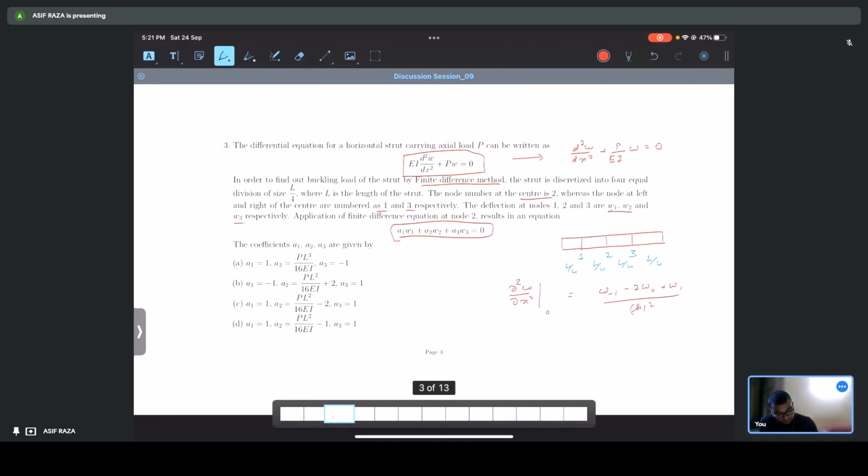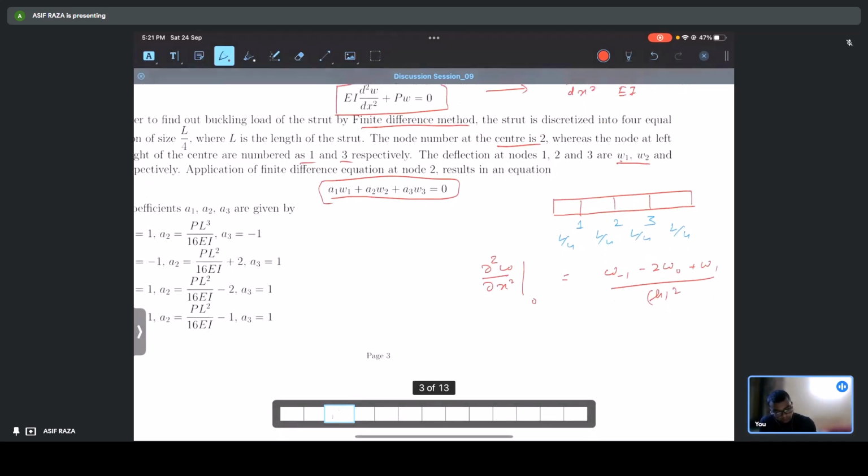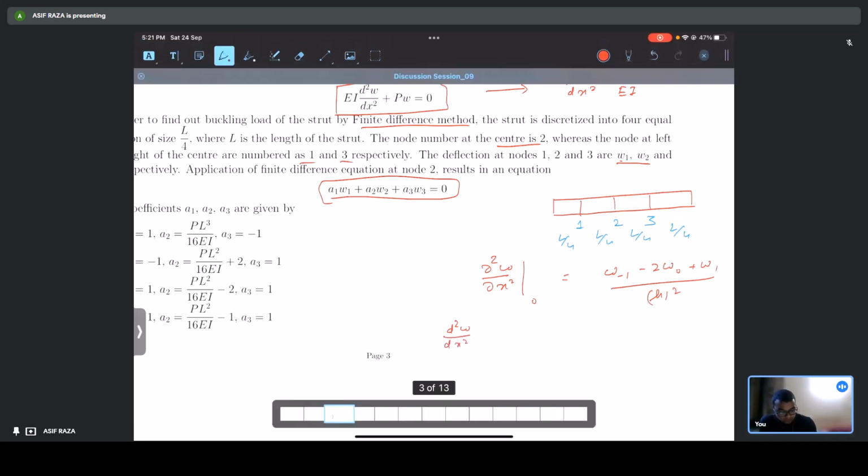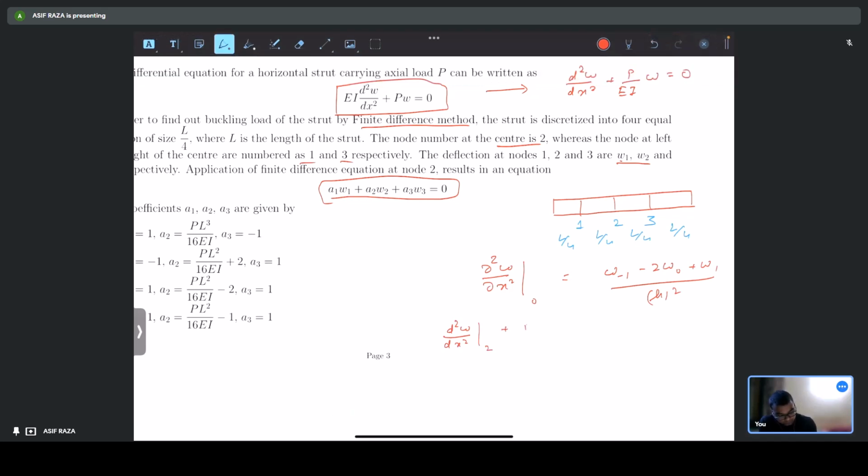So in our context, the second derivative will apply at the center node 2, plus P by EI w2 equal to 0.